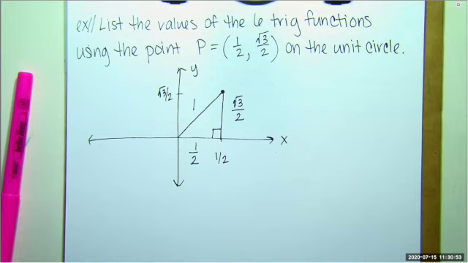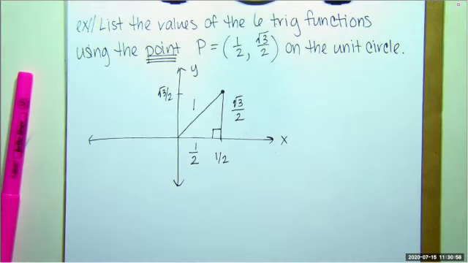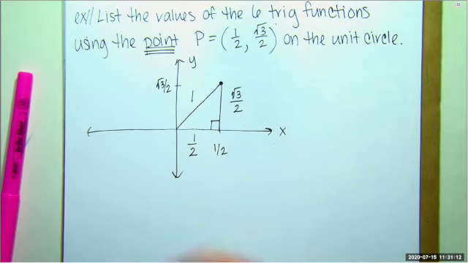Now, technically, because we're using a point and not an angle, they didn't say find the 6 trig functions of theta. They said find the 6 trig functions using this point. Technically, we wouldn't put theta in our equation. We would put a different variable, usually t.